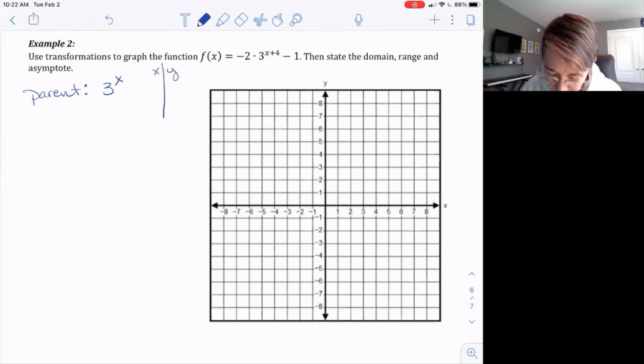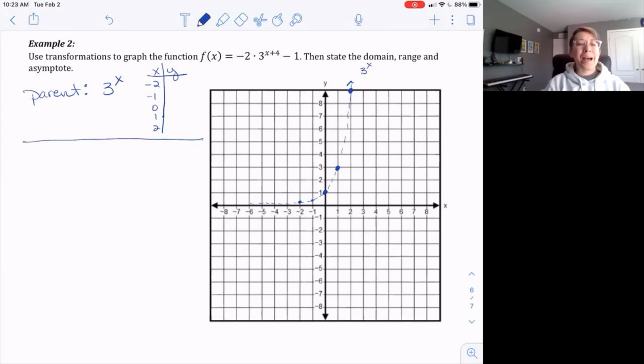You can do this if you still want to, for -2, -1, 0, 1, and 2. 3 to the -2 power would give us 1/9, so really small here. To the -1 would give us 1/3. To the 0 power would give us 1. But then to the first power would give us 3, and squared would give us 9 up here. So I'm going to dot this guy. That's our parent function, just 3 to the x.